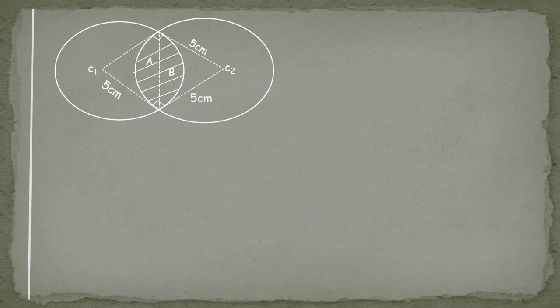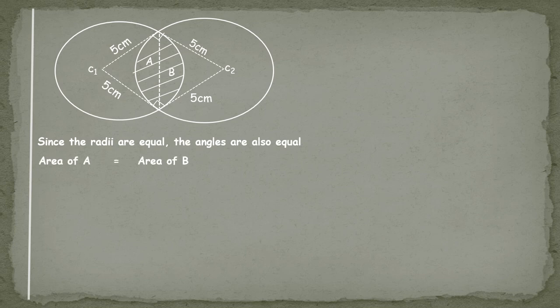Since the radii are equal, the angles subtended will also be equal, so area A will also be equal to area B. This area between this dotted line and this arc will be equal to the area between this dotted line and this circle. So area B will be equal to 90 out of 360 times pi r squared minus a half times 5 times 5 times sine 90.